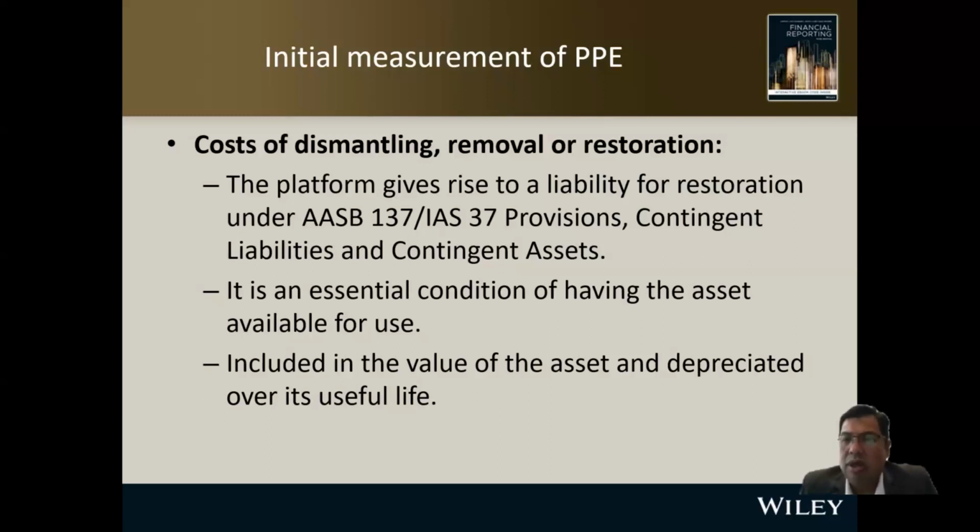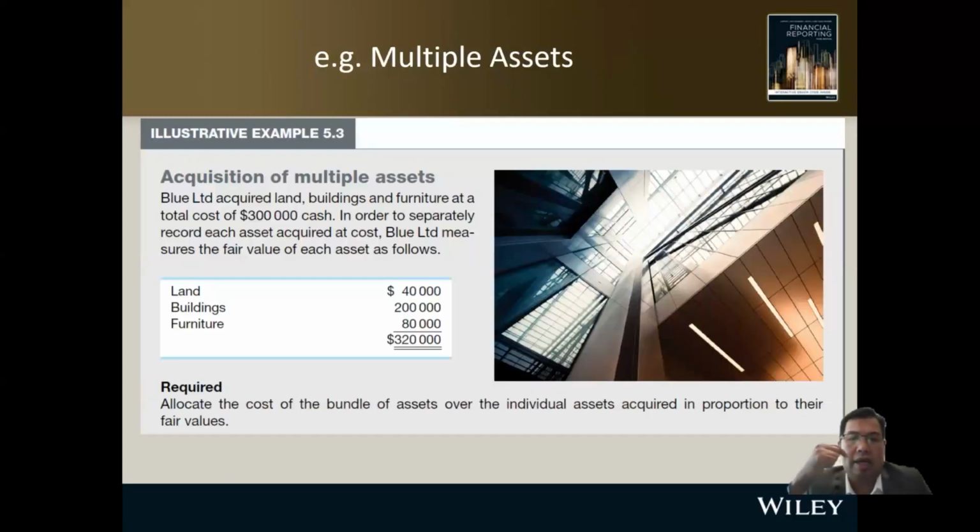That cost needs to be included as cost of your PPE. It is an essential condition of having the asset available for use, even though you don't incur the cost yet, but you need to recognize it as a liability, included in the value of the asset and depreciated over its useful life. So this is the cost of dismantling the assets.